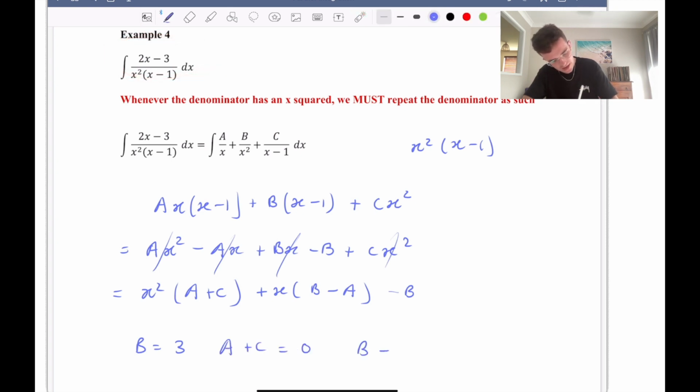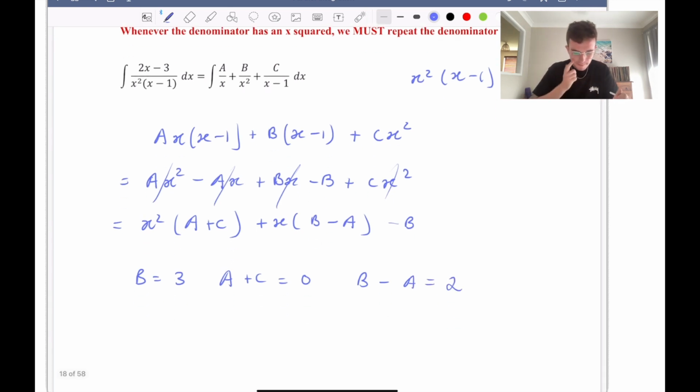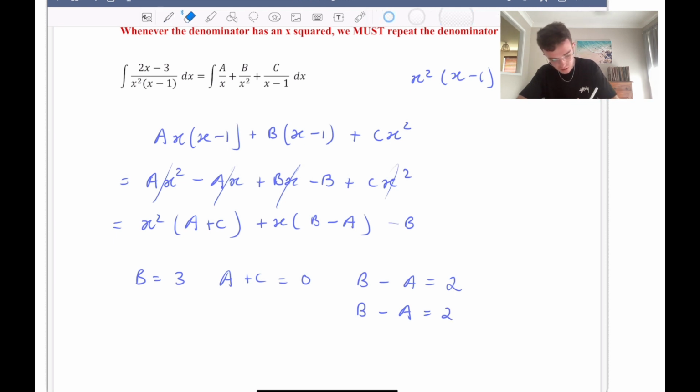And b - a has to be 2. Now if a is -c, well, we also know that b is 3. So b - a equals 2. But b is 3, sorry. So that means a is 1. And that means c is -1.